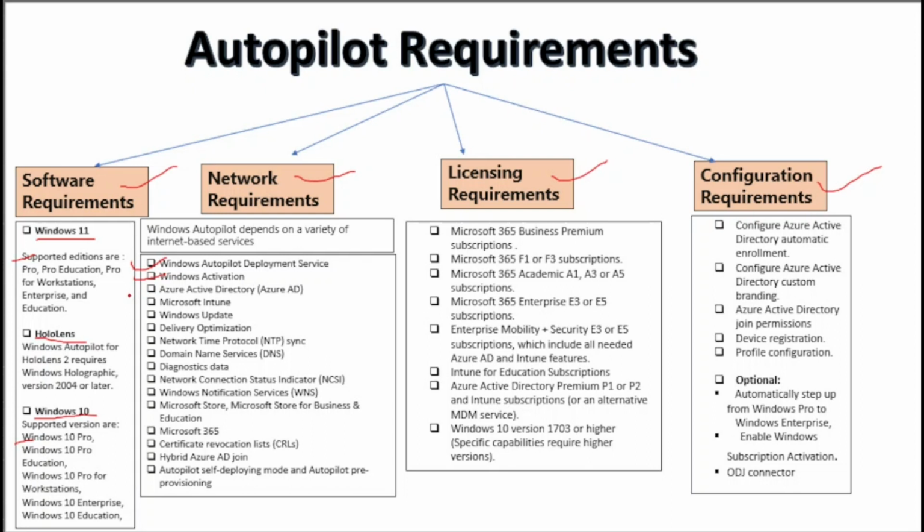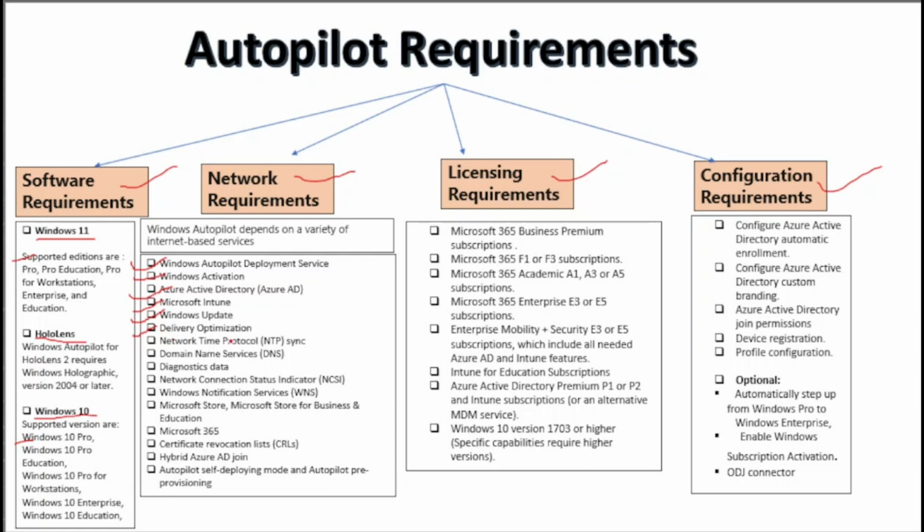Similarly, if you want to authenticate the user during Autopilot, then we need to whitelist the URLs related to Active Directory. Similarly, for Microsoft Intune, and Windows Update for managing updates, if you want to manage delivery optimization, we need to whitelist some of the URLs related to delivery optimization.